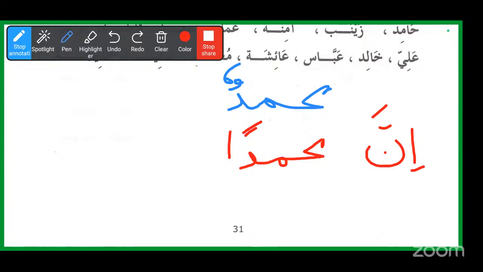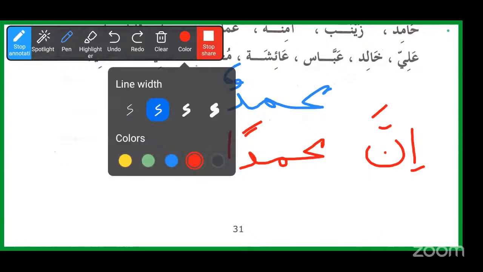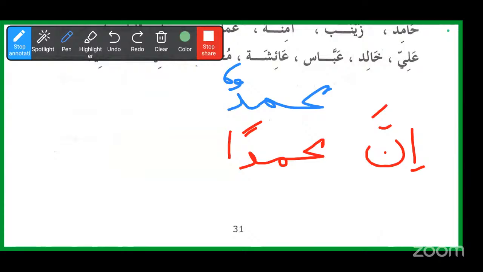This is actually the Arabic grammar. When we have different meanings in the sentence, then we have different i'rab. Like with bi, we say bi Muhammadin.